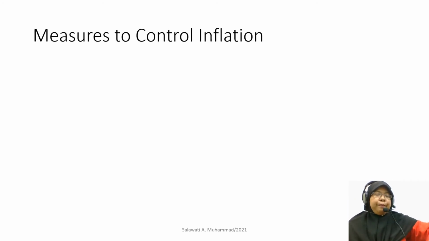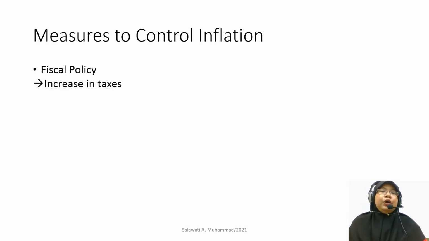Okay, so how do we control inflation? We have three measures. The first one is using fiscal policy. Government can increase taxes. An increase in taxes will reduce the disposable income of individuals and their consumption of goods and services. So this in turn will lead to a fall in price.